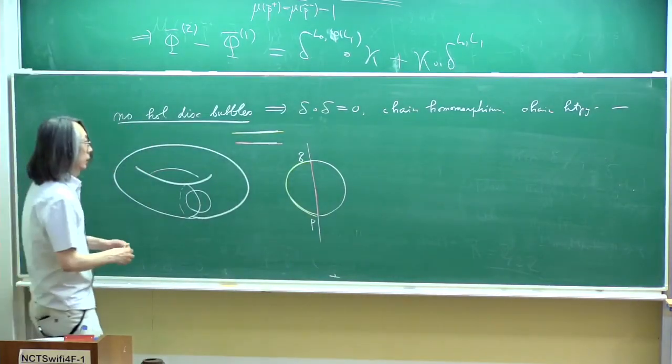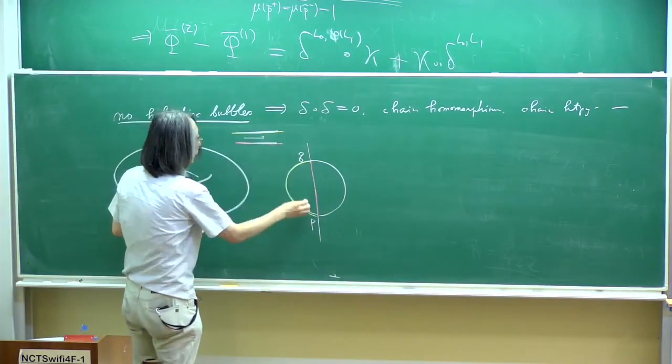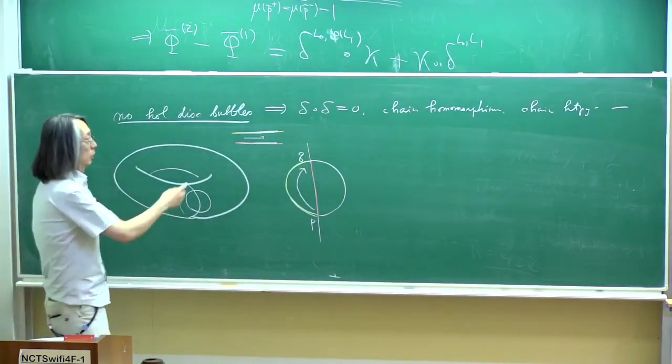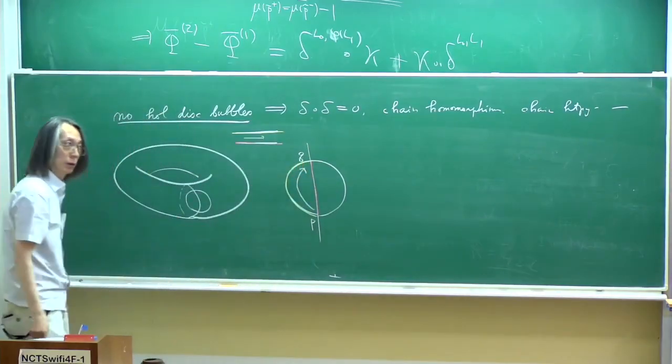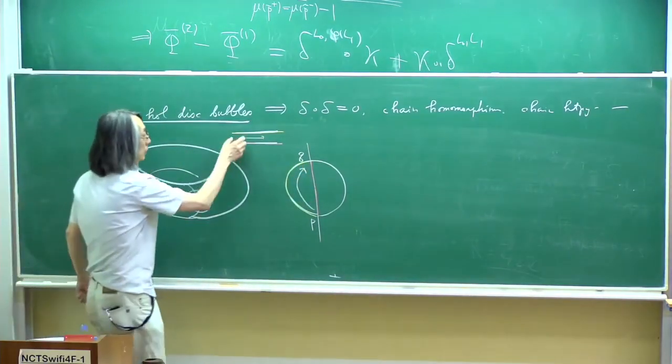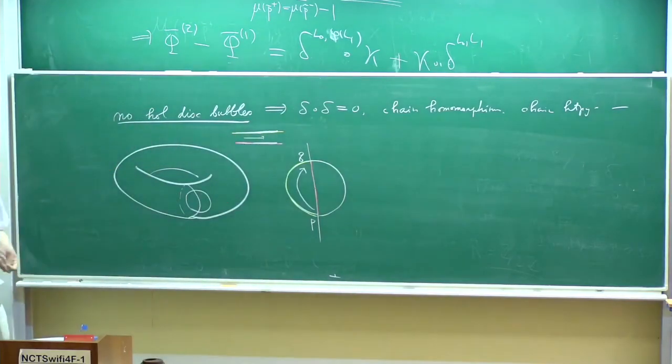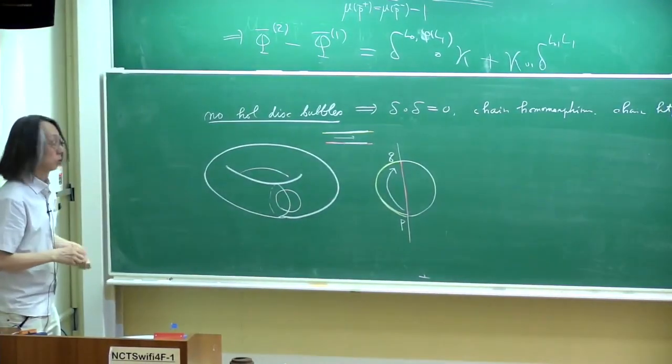And then certainly you have a kind of unique holomorphic map with this asymptotic behavior, up to the symmetry of the domain, right? Because the conformal mapping exists, and then it is unique up to automorphism. So therefore you have such a thing.